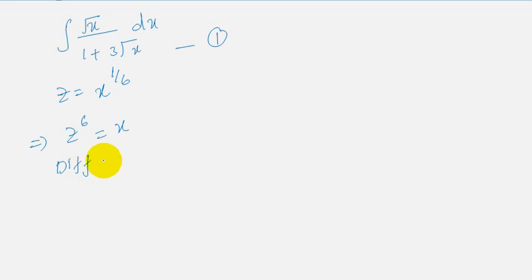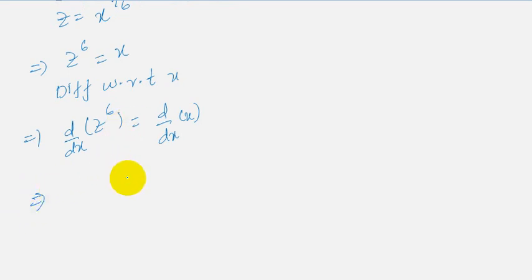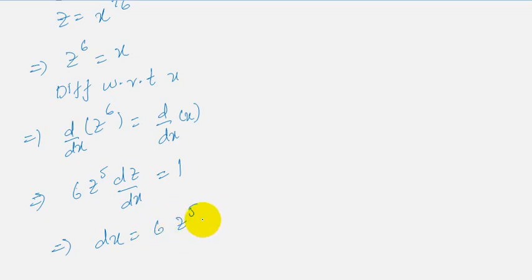Differentiating with respect to x, we get d upon dx of z^6 is equal to d upon dx of x, which implies 6 z^5 dz upon dx is equal to 1, which implies dx is equal to 6 z^5 dz.